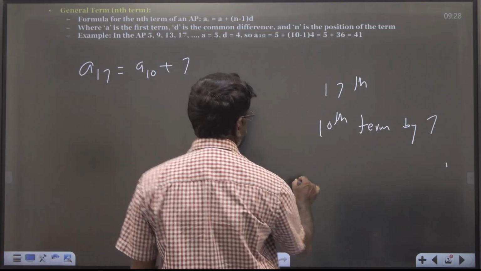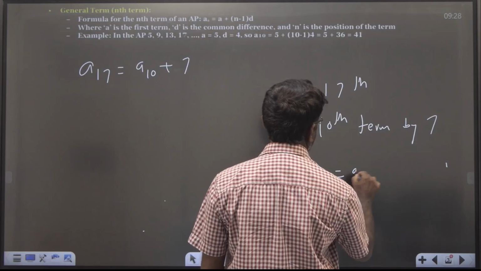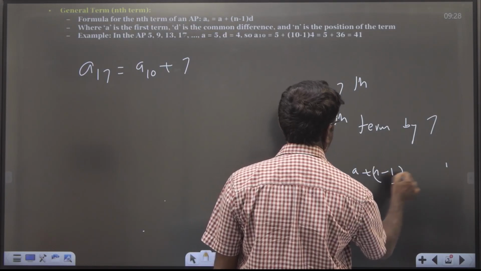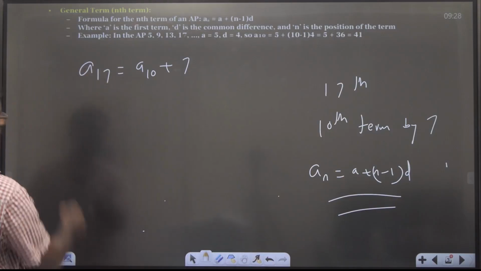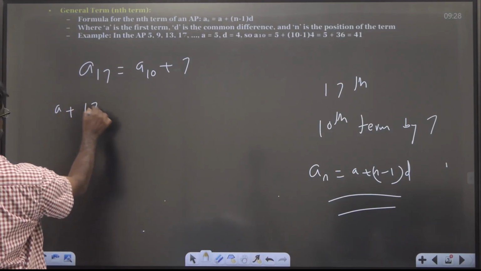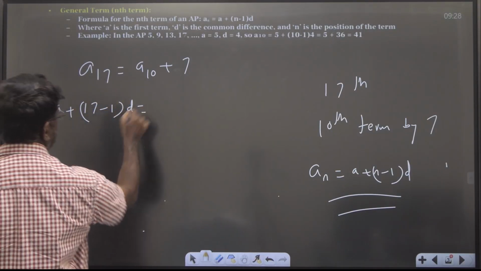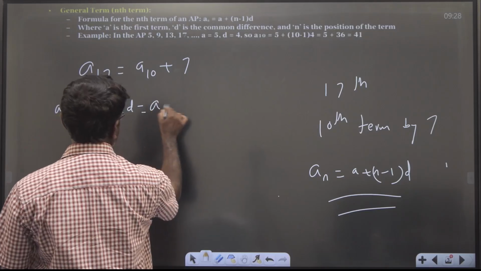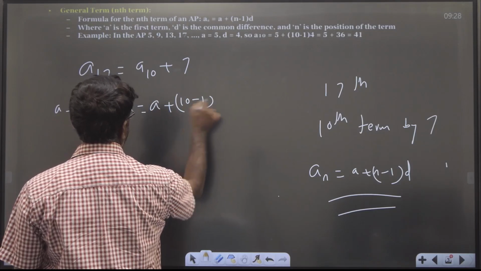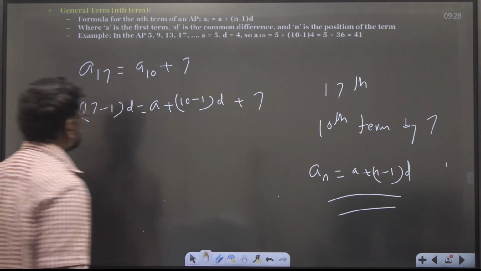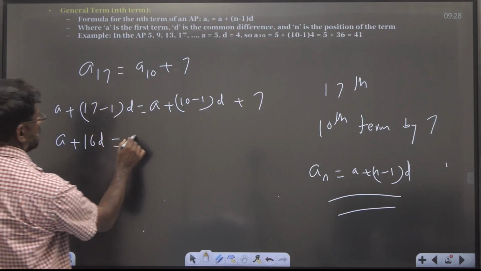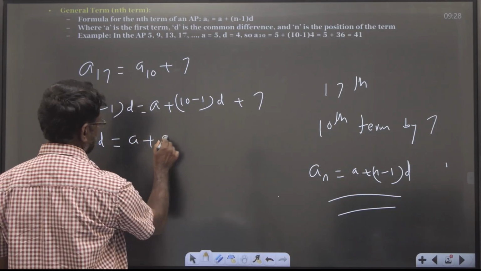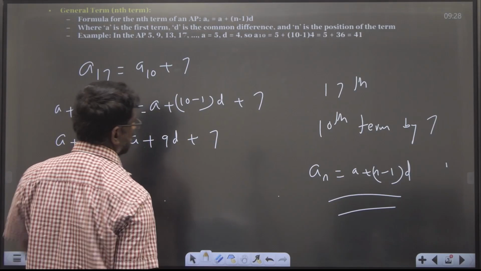We have the nth term, an equal to a plus n minus 1 into d. This is the formula. Therefore, what is A17? a plus 17 minus 1 into d. What is A10? a plus 10 minus 1 into d, plus 7. That is a plus 16d is equal to a plus 9d plus 7.